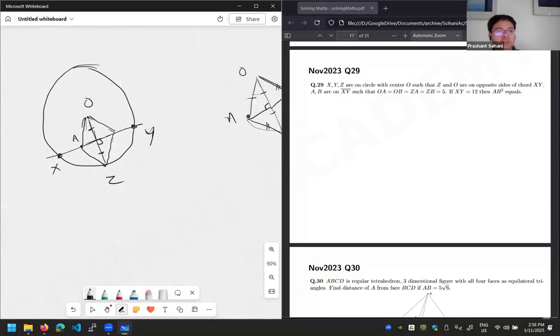Okay, so you see in this diagram we are capturing all the important information, that all these lengths are equal, and we also know how much that length is, right? So all of them are equal to 5.